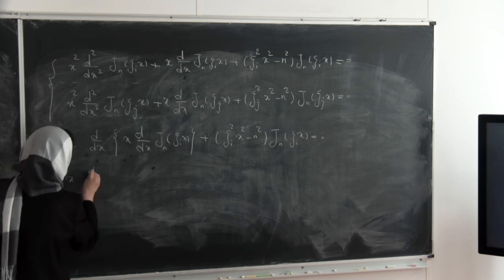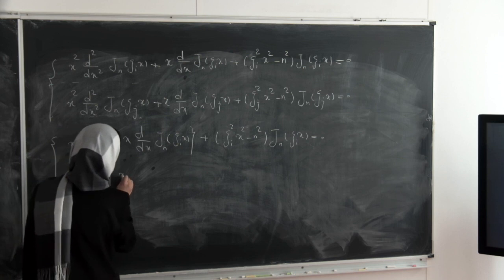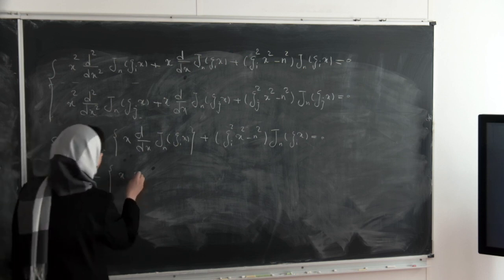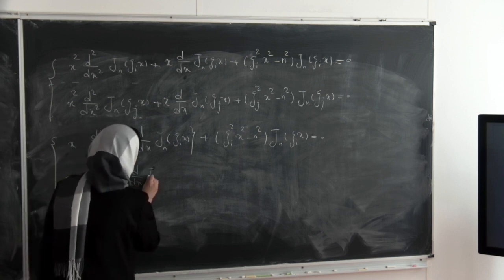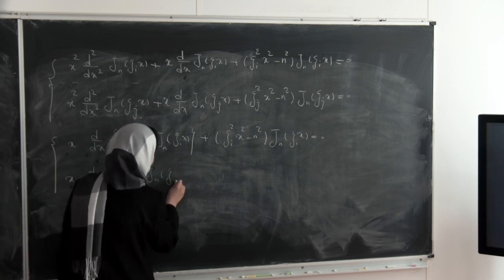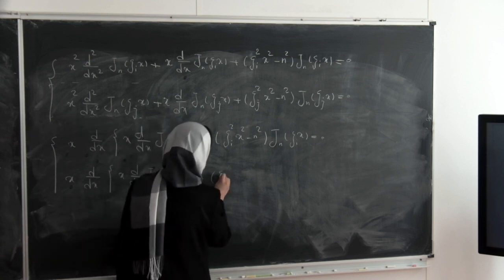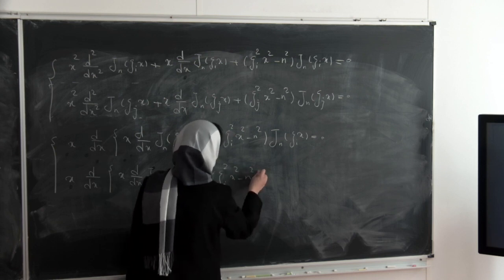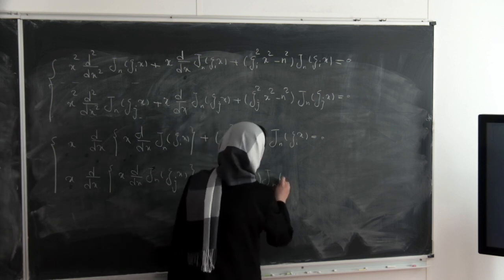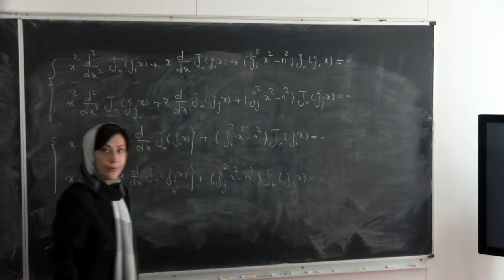And also x times the derivative of x times the derivative of Jn of chi j x plus chi j squared x squared minus n squared, Jn of chi j x equals 0.